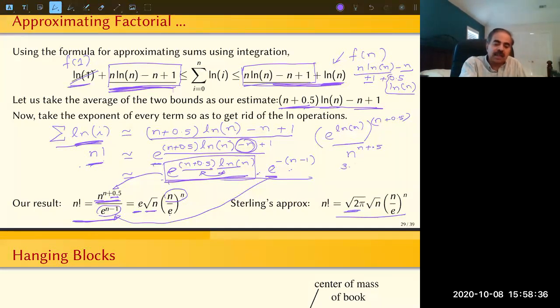Pi is 3.14, so 2 pi is 6.28. If you know your squares well, the square root of this is approximately 2.5, because 2.5 squared is 6.25. Whereas e is something like 2.7, right? So we're not that off. We are close enough.